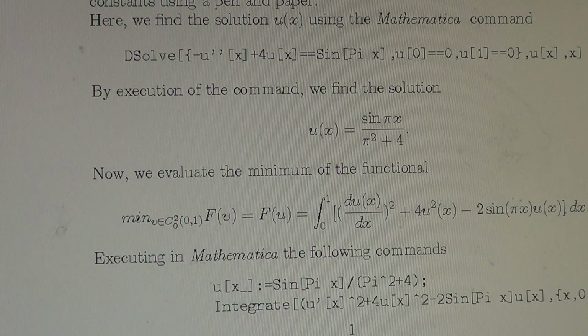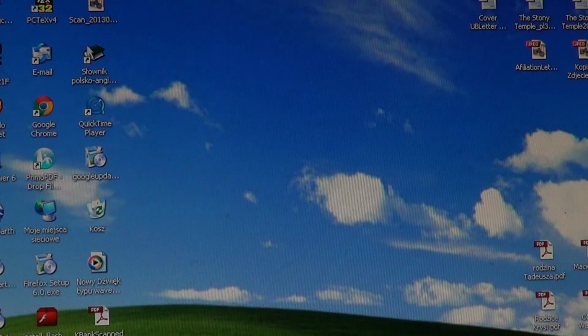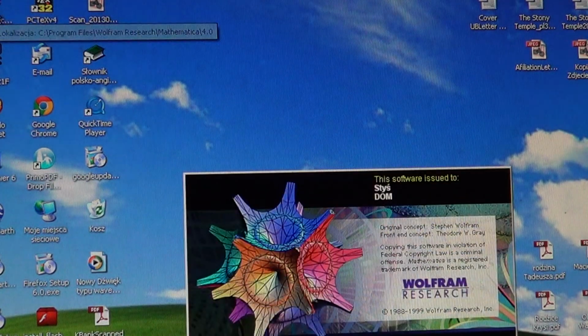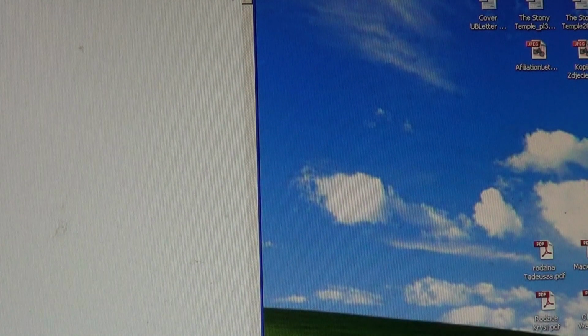Let us confirm that result again using the Mathematica system. That is nice to get it in a short time, easily. So first, as we have said already, we have to define the function u of x with the late argument. The function u of x, what is that?